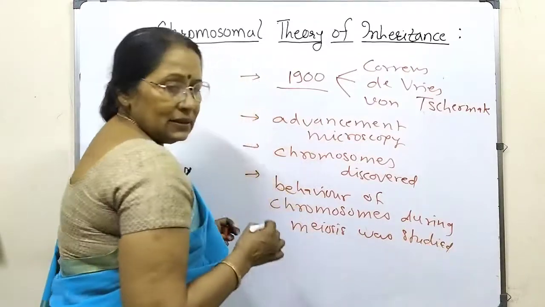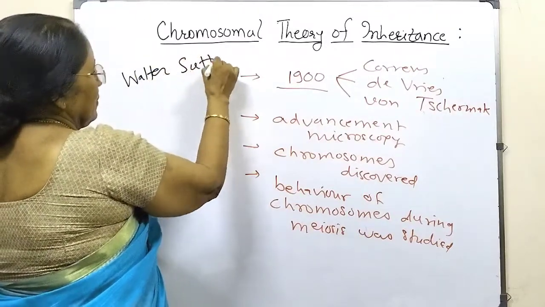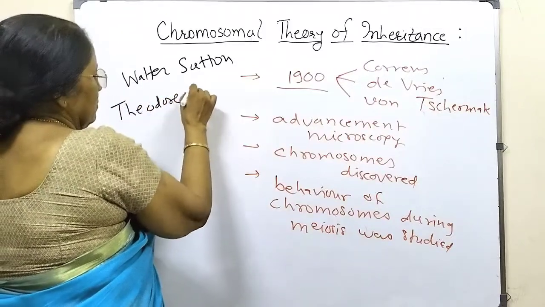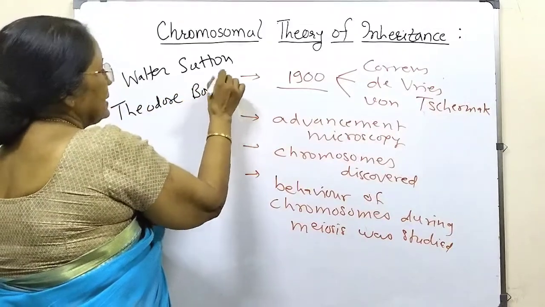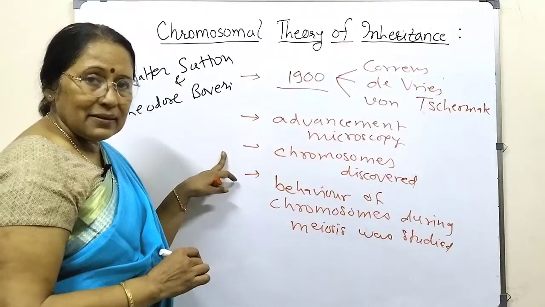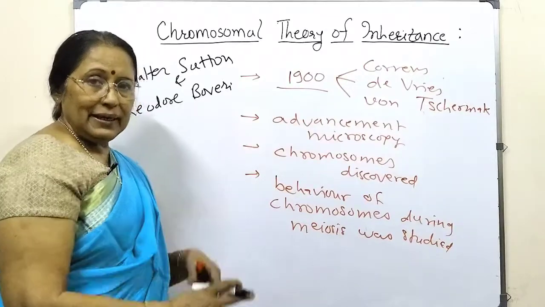Then what happens? Two scientists, Sutton and Boveri, they were also working independently.